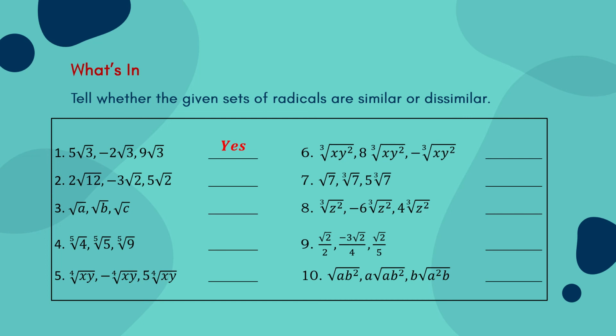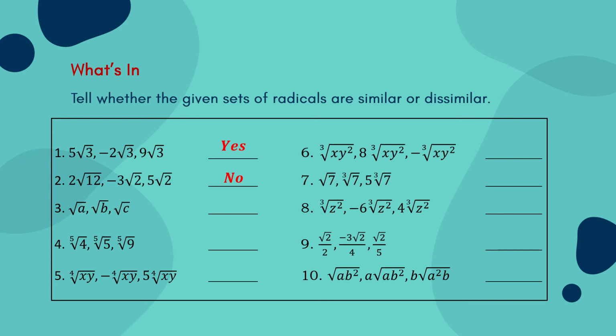How about example number 2? 2 square root of 12, negative 3 square root of 2, and 5 square root of 2. Is it similar or not similar? It is no. If we simplify 12, the factors of 12 are 4 times 3. The factor of 12 should be a perfect square, which is 4.